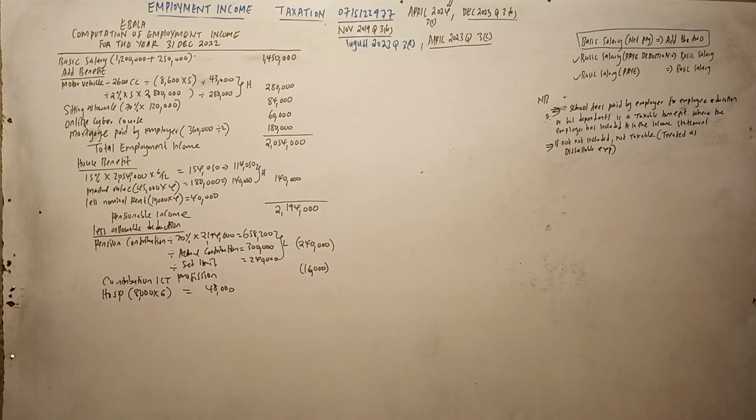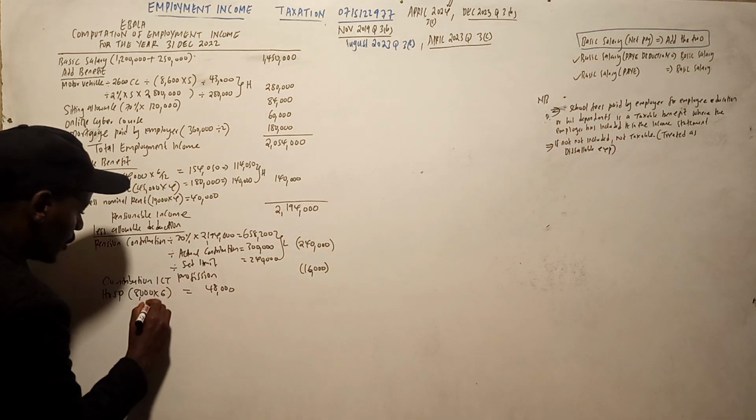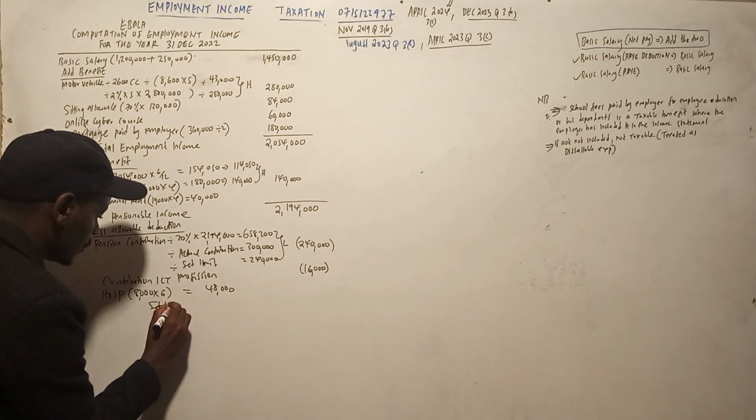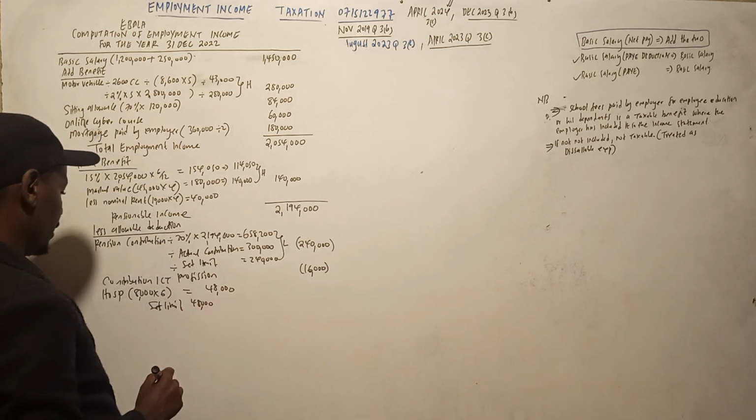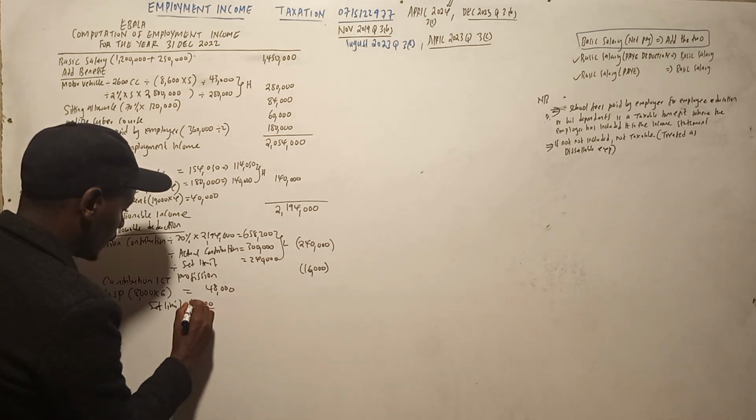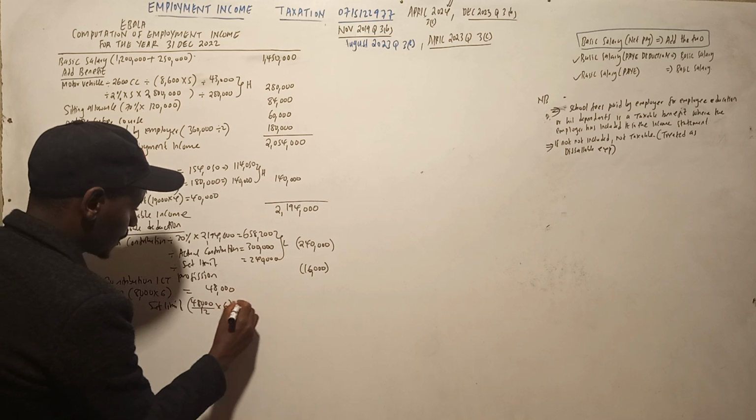Do we have the set limit for HOSP? I think we have a set limit. Let me see if I can. For HOSP. Set limit is 48,000 per year. Sorry, 48,000 per year divided by 12 times 6, so that you can get per.